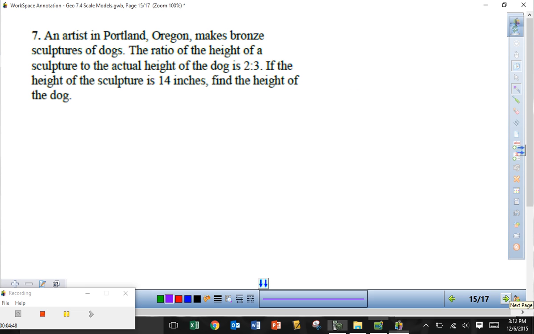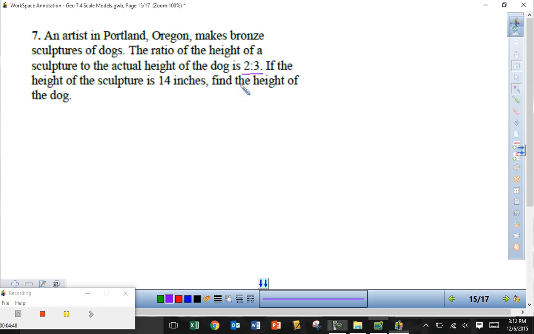Okay, on number 7 here, an artist in Portland makes sculptures of dogs. The ratio of the height of a sculpture to the actual height of the dog is 2 to 3. If the height of the sculpture is 14 inches, find the height of the dog. Okay, so it gives us a ratio of the sculpture to the height, or in the case of all the problems we've been working with before, this is a ratio of the model to the actual.